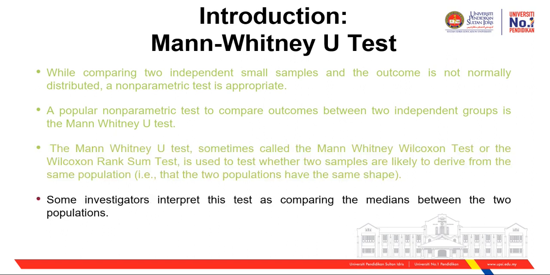If you do further reading, you might find that some investigators or researchers interpret this test as comparing the medians between the two populations, because it is non-parametric. Most of the time we're dealing with the median of the population.